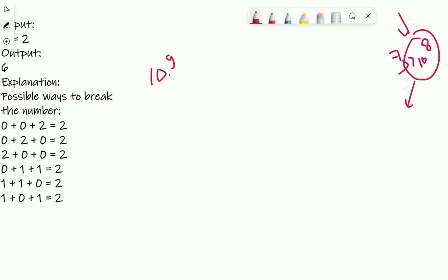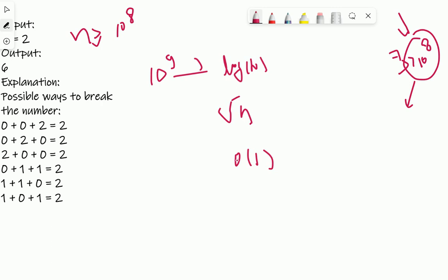I have discussed in that video that whenever n is greater than 10 to the power 8, we need to use log n time complexity, root n, or order of 1 time complexity. We cannot solve in order of n time complexity also, because we can perform only about 10 to the power 8 operations in 1 second.